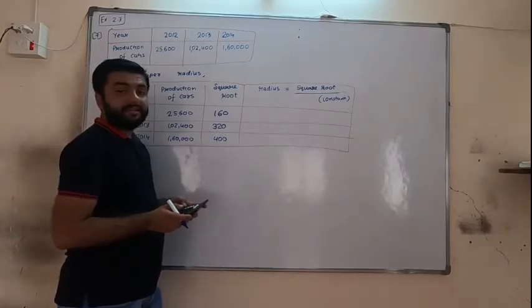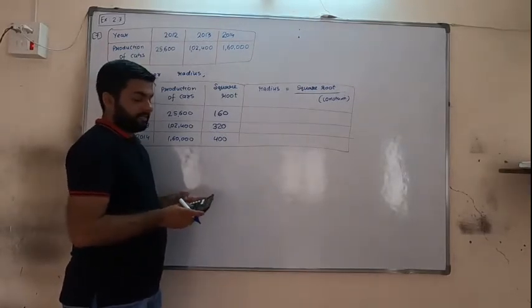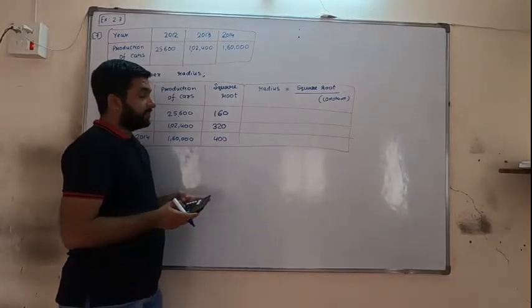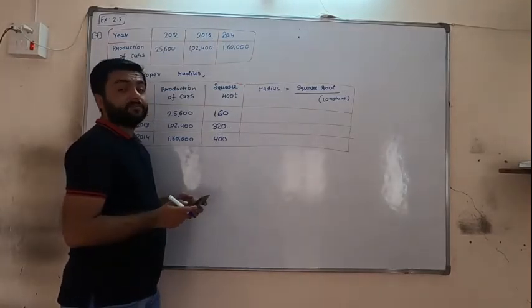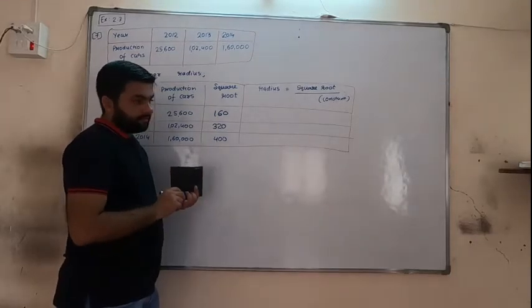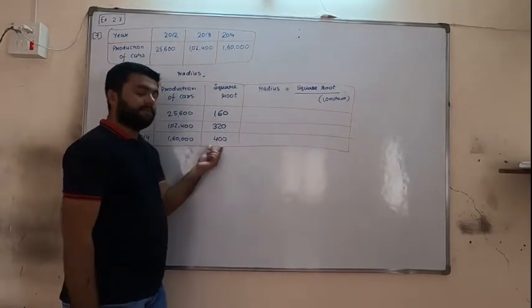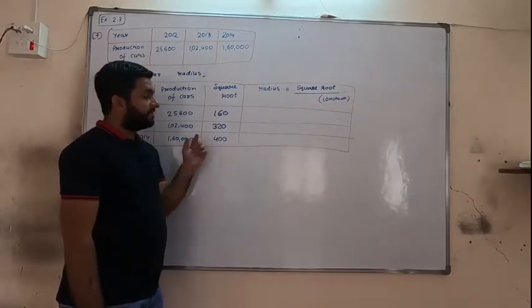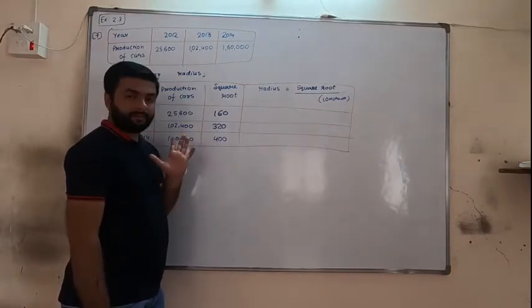If we are dividing through the highest value 400, then 160 divided by 400 is 0.4. So it is proper. Normally, you should try to divide through the highest value. Divide everything by 400, so it will be very proper.